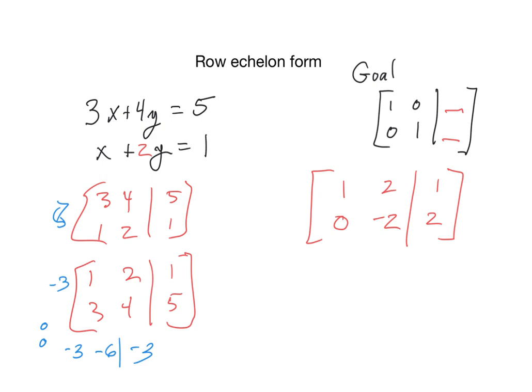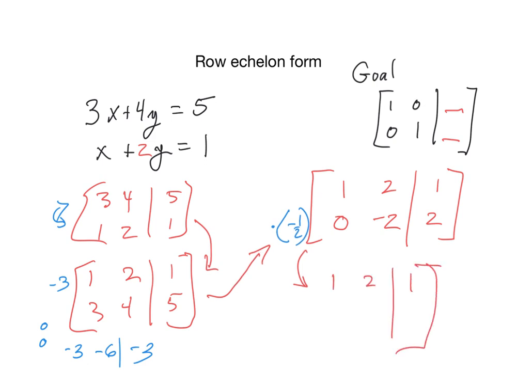Then I'm going to look and say, well, again, I got this 0. Now my next goal is I need to make this value a 1. So how can I make this a 1? I can do that by multiplying it by -1/2. Negative times a negative is a positive. So as I rewrite this, my next step down, I'll have 1, 2, line 1.